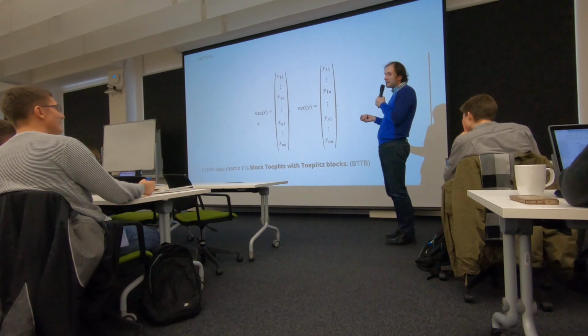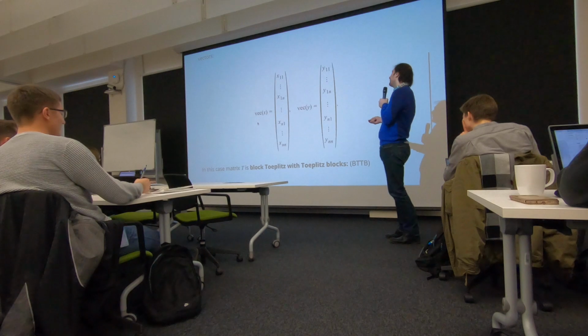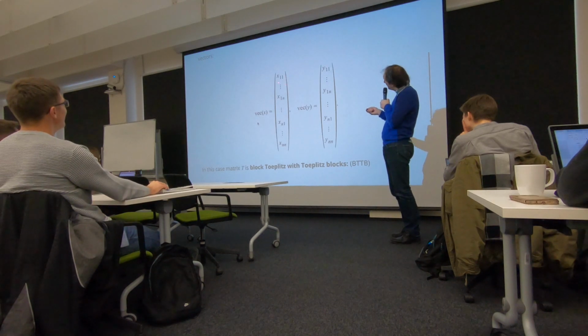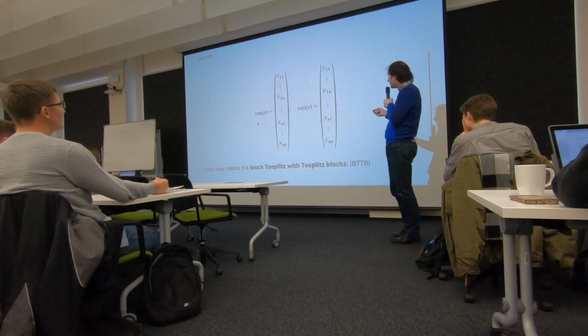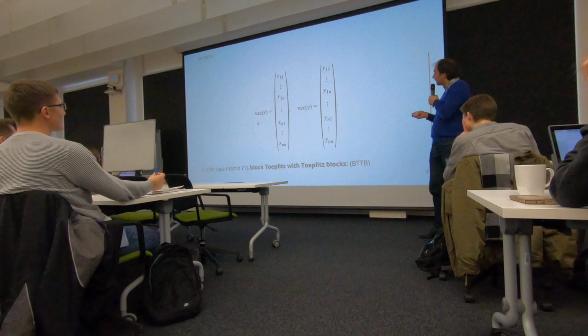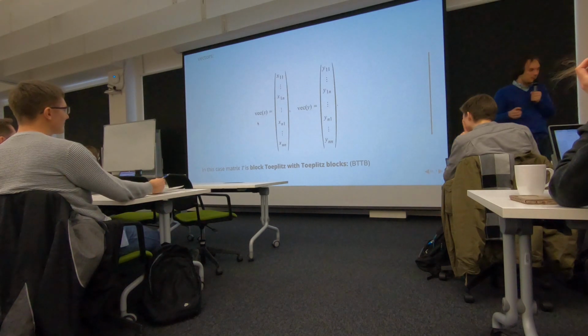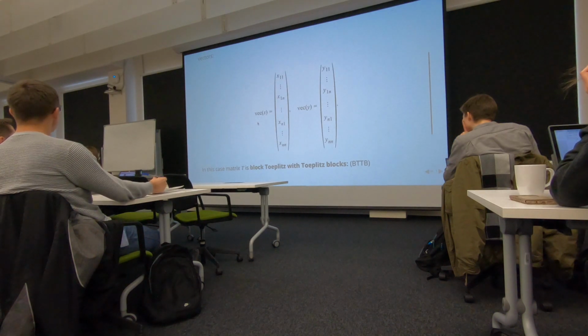It's typically done either row-wise or column-wise. Here it's done row-wise for some reason, but it doesn't matter much. What is more interesting is which matrix we get.